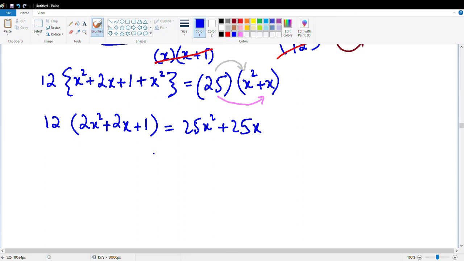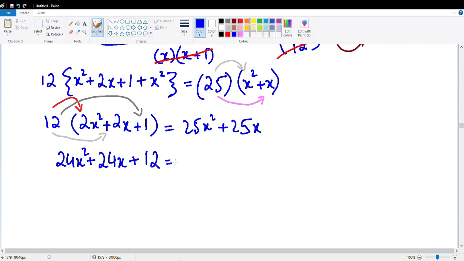On the other side, you can see that we're going to multiply also. First 12 will multiply with 2x squared, which will be 24x squared. And then it'll multiply with 2x, and we'll get plus 24x. And then 12 will finally multiply with 1, so we'll get plus 12 equals 25x squared plus 25x.